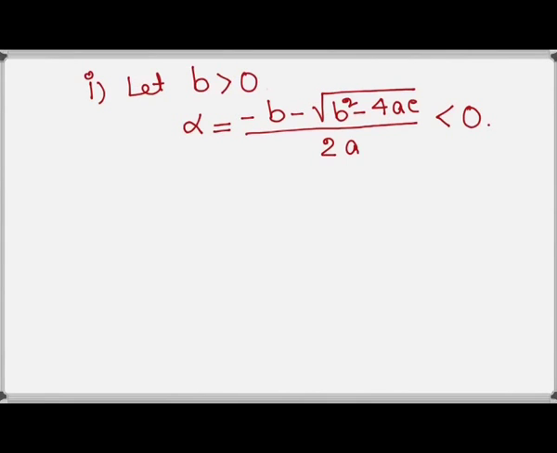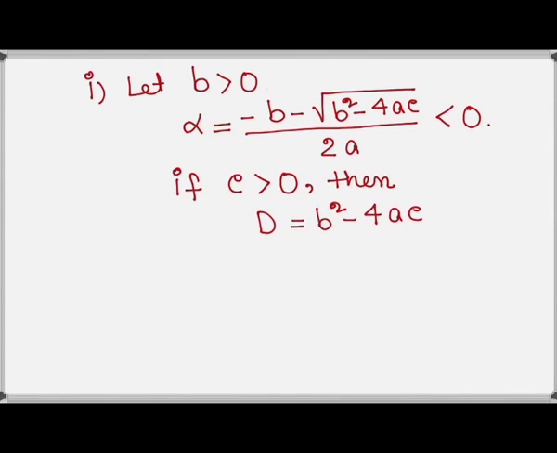So let us look at what happens to the other solution beta. Now if c is also strictly bigger than 0, then D, which is b square minus 4ac, is strictly less than b square.